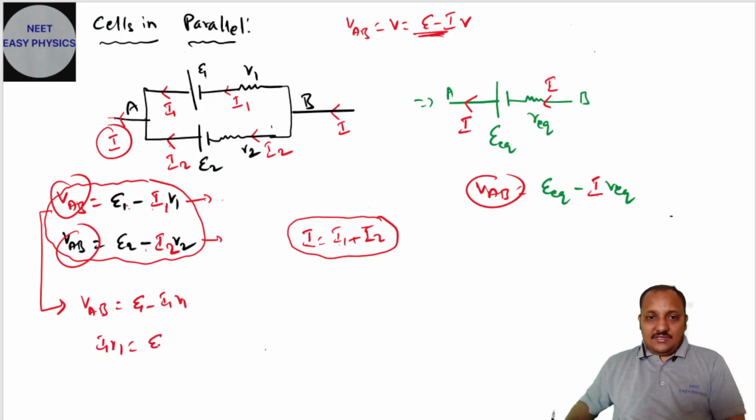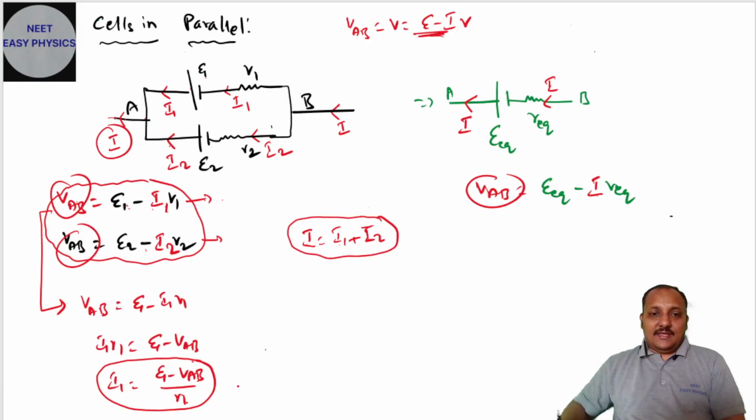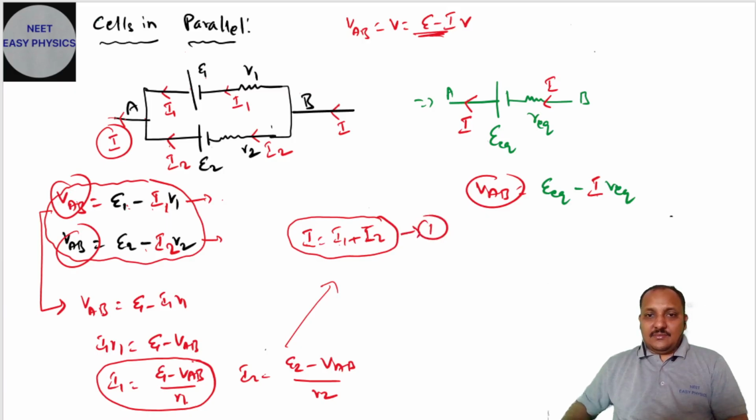I1 R1 is equal to E1 minus VAB. So I1 is equal to (E1 minus VAB) by R1. Same like that, I2 is equal to (E2 minus VAB) by R2. Substitute these two in equation number 1.